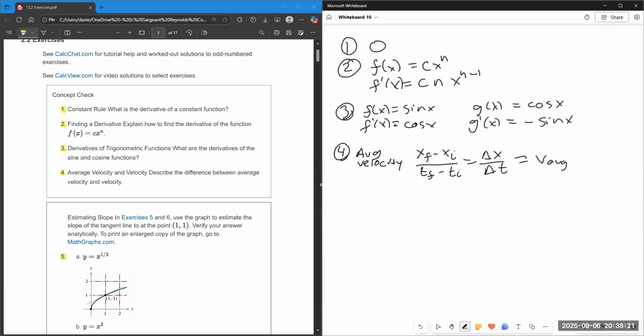Whereas our instantaneous velocity is going to be a derivative.